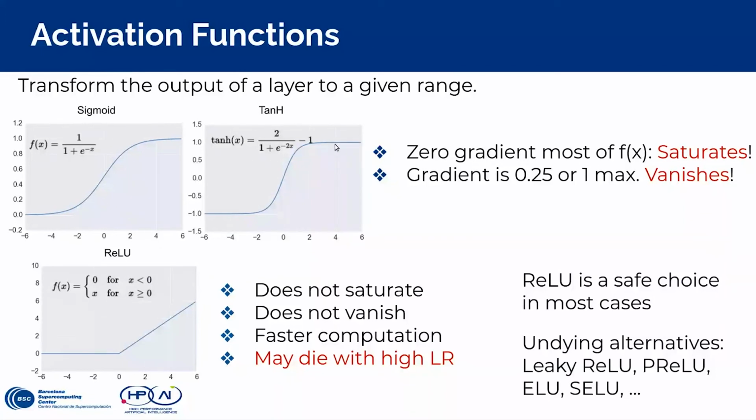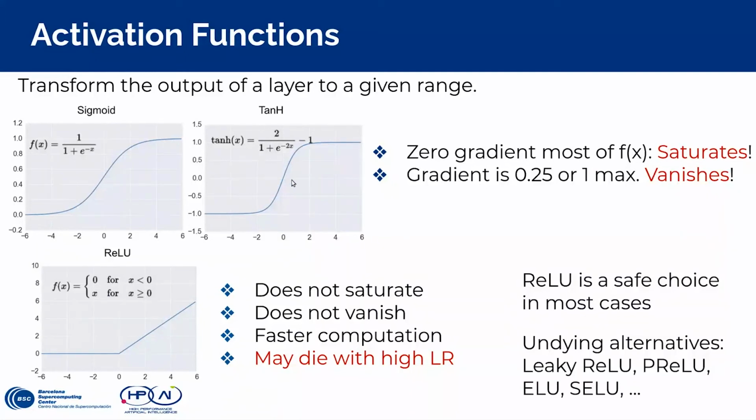You can see here the slope is 0, and here the slope is 0, and this goes until infinity. So most of the function has 0 gradient, which means that if we are here and we are trying to go down, we cannot, or we can, but at ridiculous speed, because here the gradient is so close to 0 it will take forever. So it means that this will saturate our neuron.